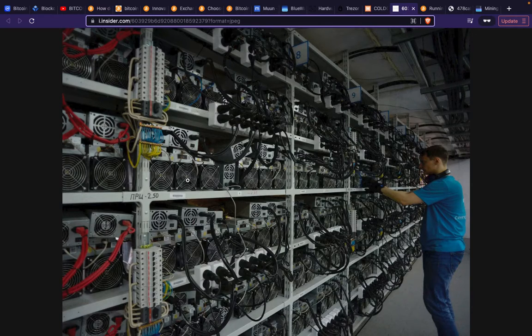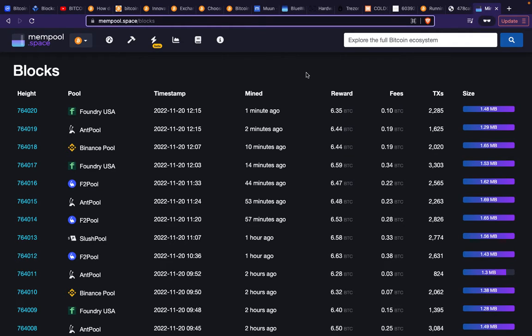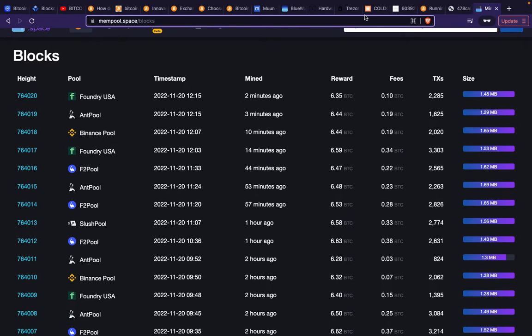If one of them wins, they broadcast that information, and they pull all the transactions together. This is the mempool over here. For example, this mining pool won the last block in the past couple of minutes, and they take it and broadcast it to the network, to the nodes.